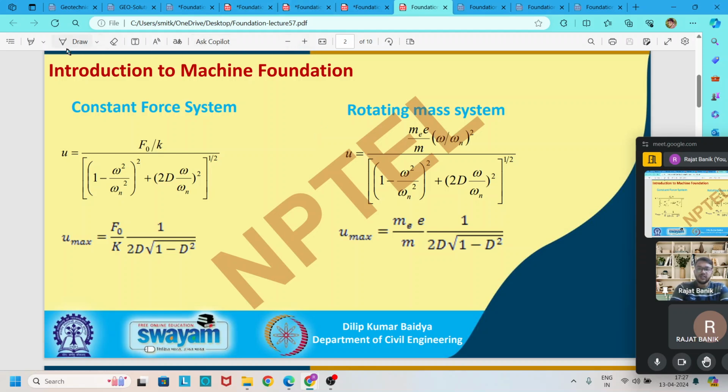We differentiate these theories, one for constant force system, one for rotating mass system.